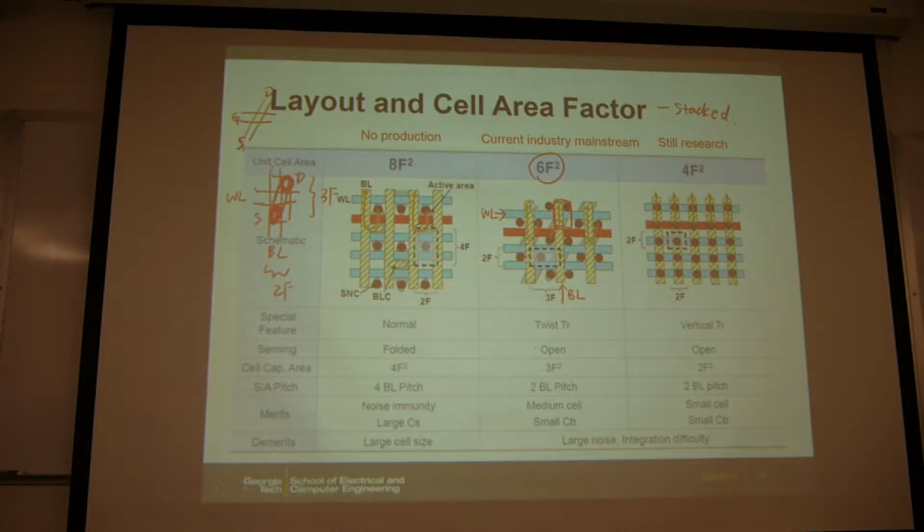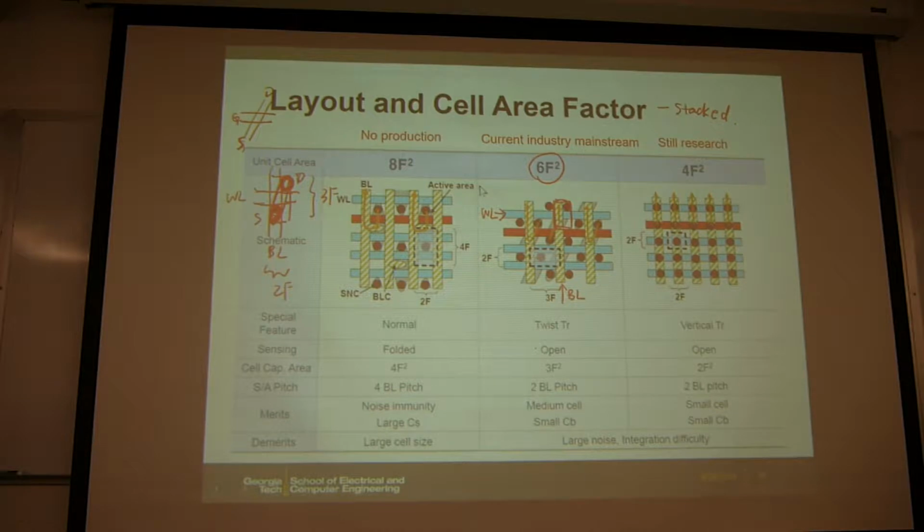But one of the key features of this layout, if you look here, is that the channel direction of the transistor is not perpendicular to the gate direction. So we have this angle here. This is a twisted transistor.